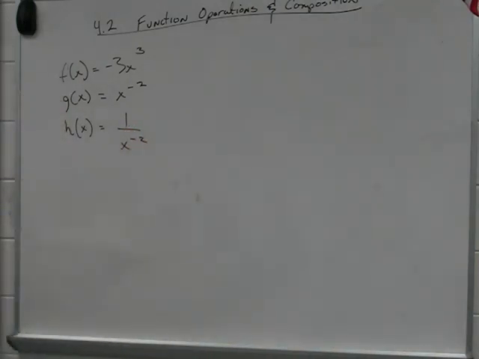Understand these are labels. The f, g, and h are labels. They don't have anything to do with the actual function. I can call it f of x or g of x or h of x. It's just a label, like saying a, b, or c.